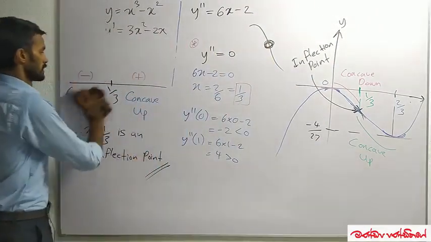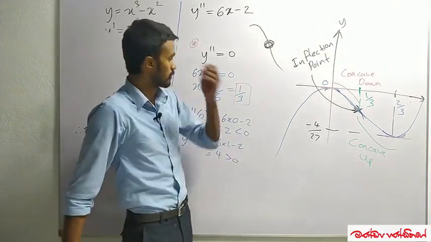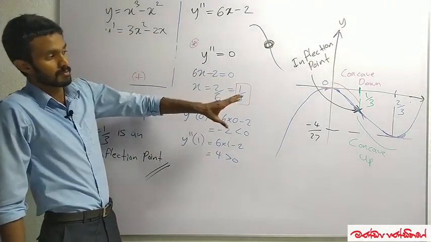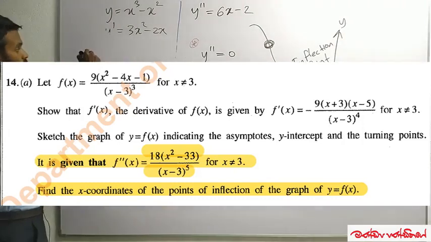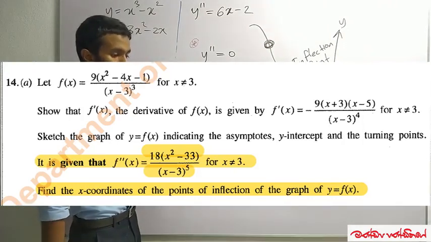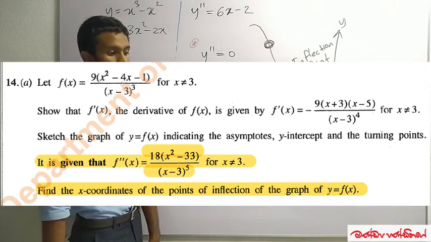Okay. Now on the screen you can see I'll display the 2019 A/L differentiation paper, question number 14, part A, second one. They have given us that f double dash x is equal to this, and we are supposed to find the x coordinates of the point of inflection of the graph.